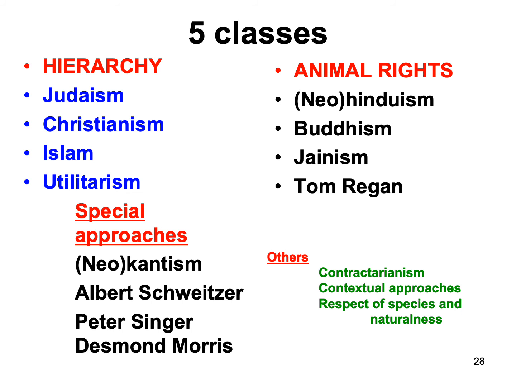We have very interesting special approaches which are practical and more for animal rights, but a little bit pragmatic. So this is Kantism and Neo-Kantism, Albert Schweitzer's views, Peter Singer, and Desmond Morris.